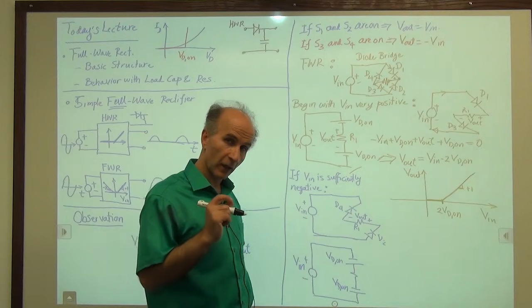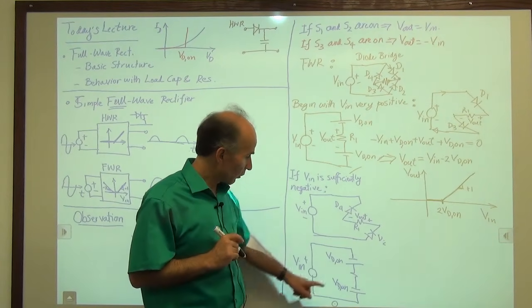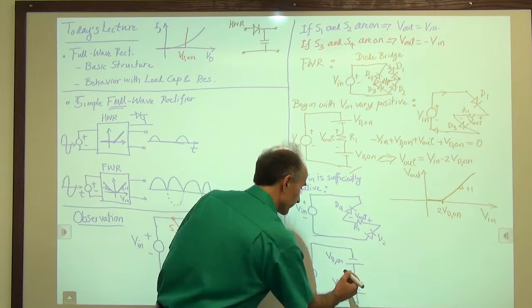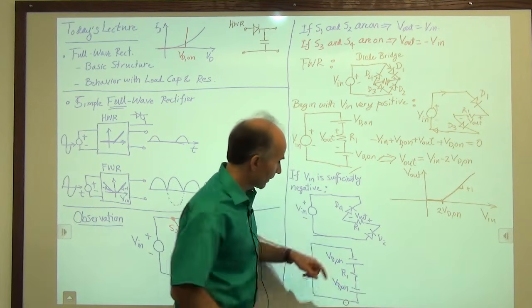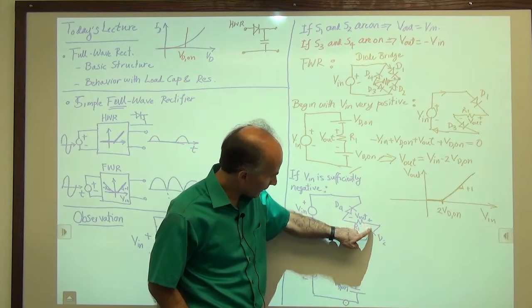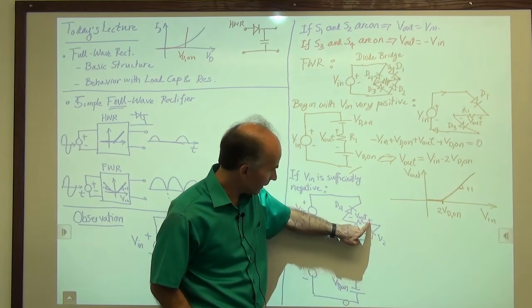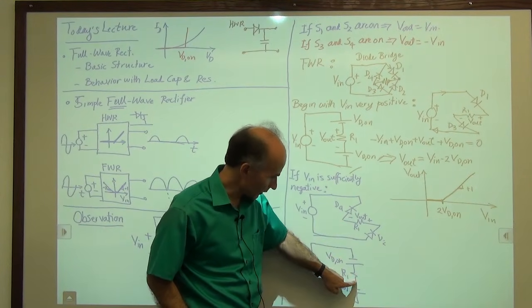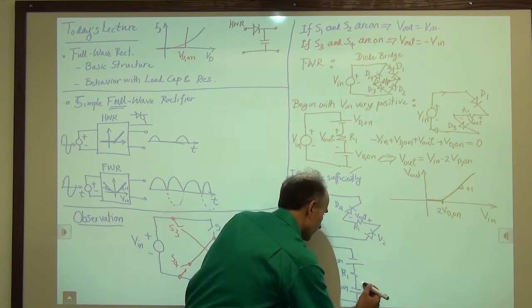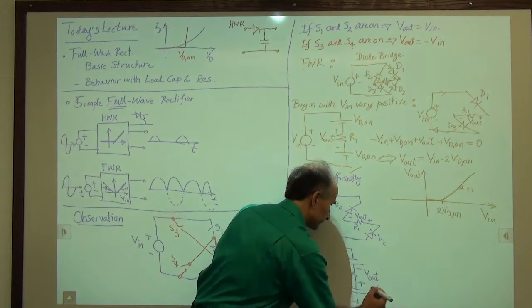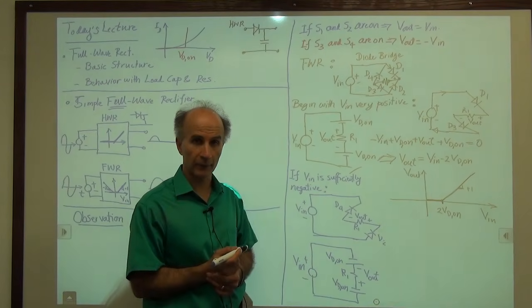Which side of V out is over here? So that's why we have to be very careful. So remember R1? We said that this terminal of R1, which is connected to the cathode of D2, is called plus. And where is that? That is here. So this is plus, and this is minus for V out. That's where we have to be careful.